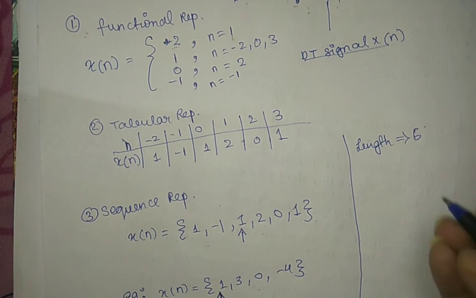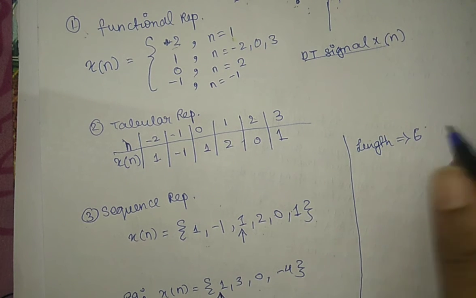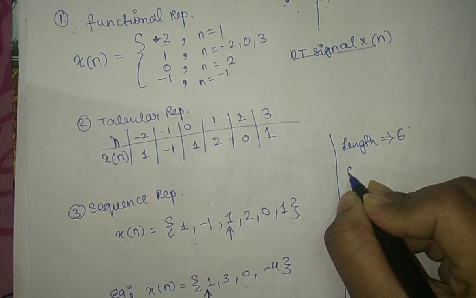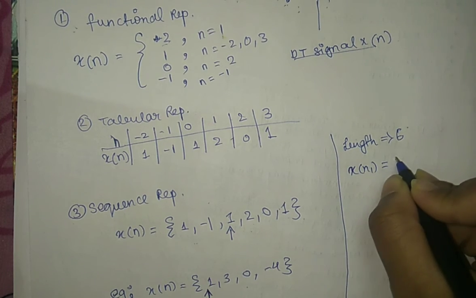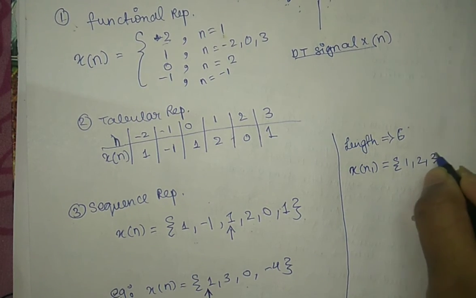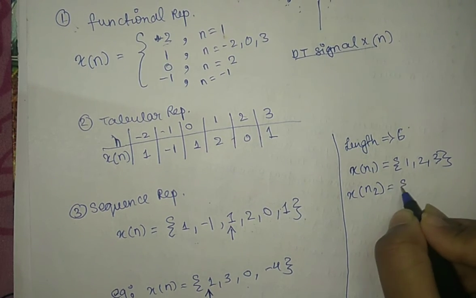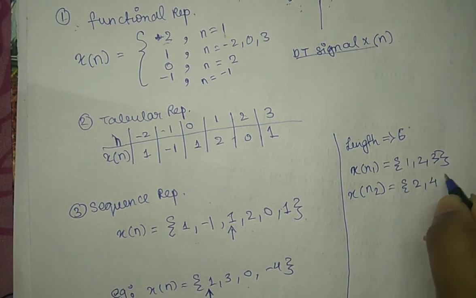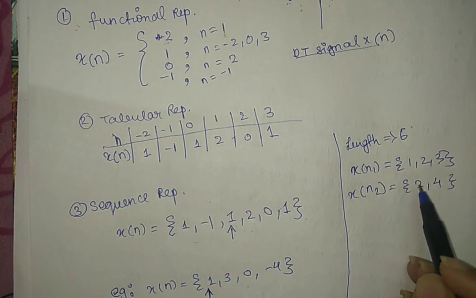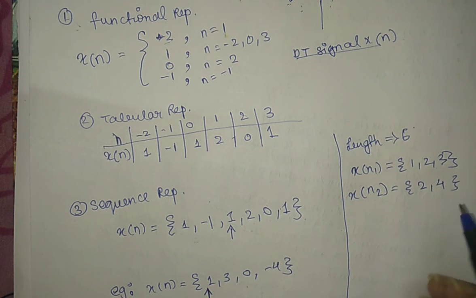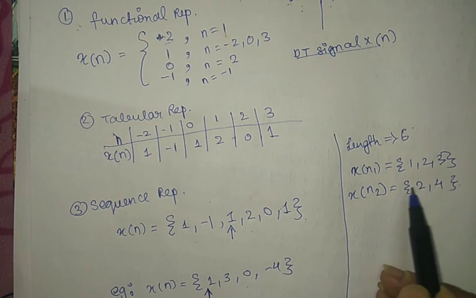Next, we can increase or decrease the length of a sequence. If there is a sequence x of n1 which is 1, 2, 3, and a sequence x of n2 which is 2, 4, then we can equalize the length. The rule is that you can add zeros at the end or at the beginning.